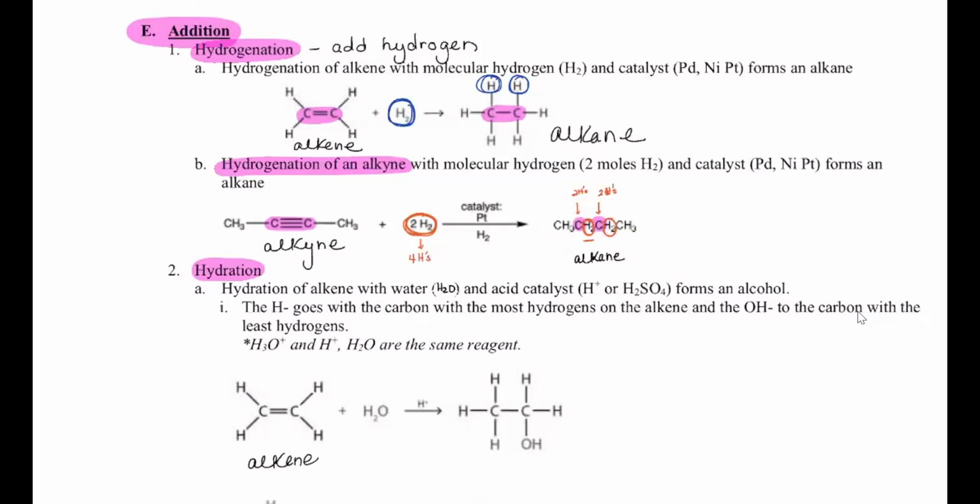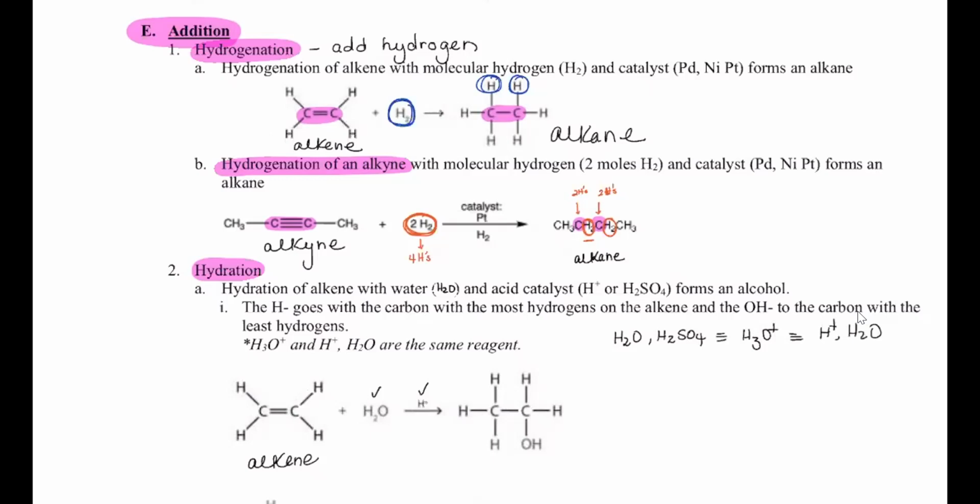Overall, when an alkene is hydrated with those reagents of H plus and H2O or H3O plus, the other one that we can also have is H2O, comma, H2SO4. They all mean the same thing. H3O plus also means H plus, comma, H2O.